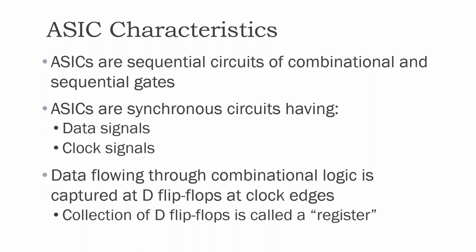In general, we use the word register to represent a collection of D flip-flops. So in an ASIC, you have registers and you have combinational logic. The output of combinational logic is captured at registers, and the input to combinational logic is also driven by registers. So there are flops that launch data into combinational logic, and the output of combinational logic is captured by the flip-flops.